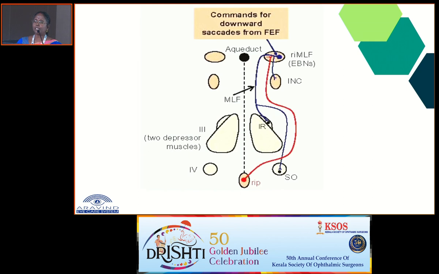For down gaze, from the RMLF you have the excitatory burst neurons which innervate the same side: the inferior rectus nucleus, the oculomotor nucleus, and the superior oblique nucleus on the same side. So the muscle will be the opposite, the nerve will be on the other side.